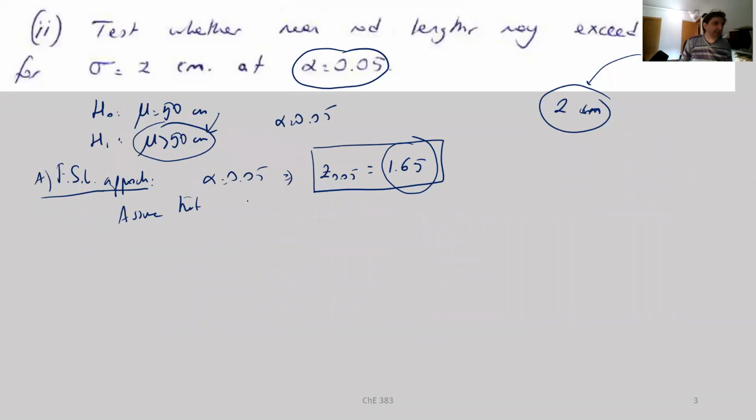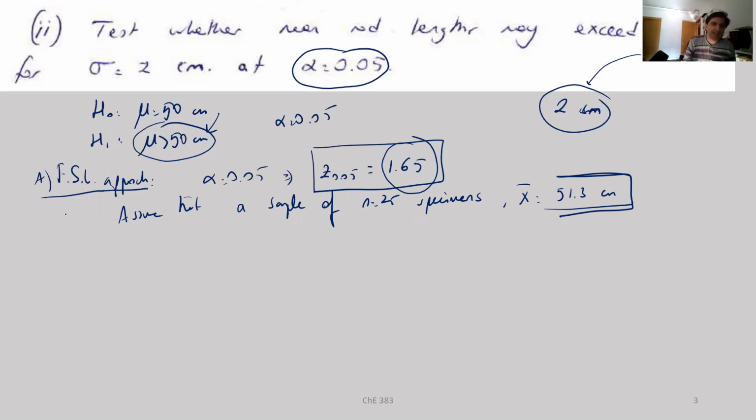Anyway, so what we do here is we obtain the same sample. A sample of 25 specimens is collected, and X bar is found to be 51.3 centimeters, just for the sake of not complicating the question.